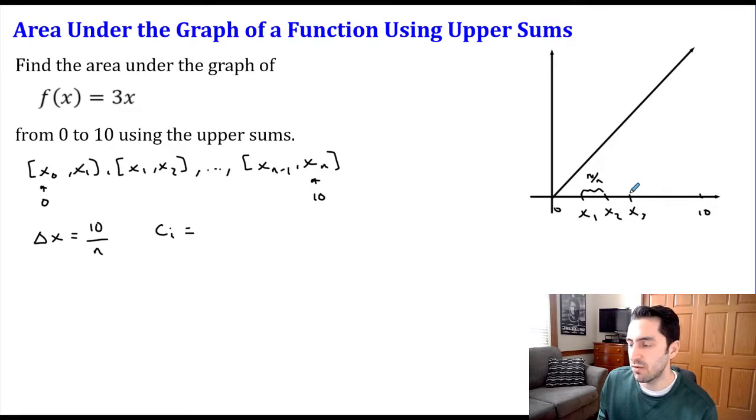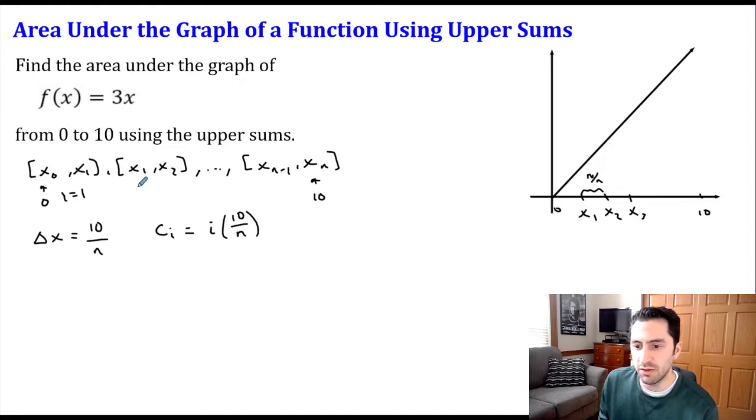So if I want to figure out where each of these x values are, I can take each i and multiply it by 10 over n. So the first interval is when i is equal to 1. Now I want the rightmost point, so I want x sub 1. This has a width of 10 over n. So 1 times 10 over n gives me that x value.